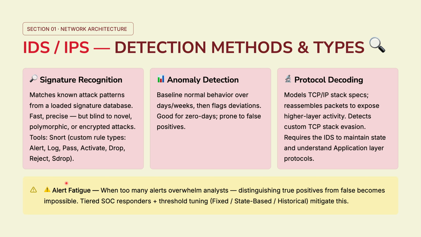To mitigate this, organizations deploy tiered SOC responders like L1, L2, L3, and implement threshold tuning using three approaches, the ones you're looking at here on the screen. The first is the fixed threshold, then state-based thresholds that adapt to system conditions, and historical thresholds that leverage trend data.